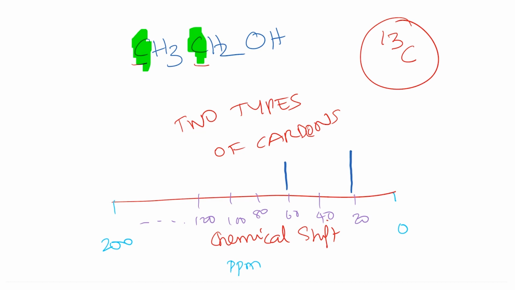Okay. Now, if you want to understand this NMR spectrum, then we need to understand how the behavior of the atom is affected by the local environment. Okay. Now, let us understand a little bit about this chemical shift.